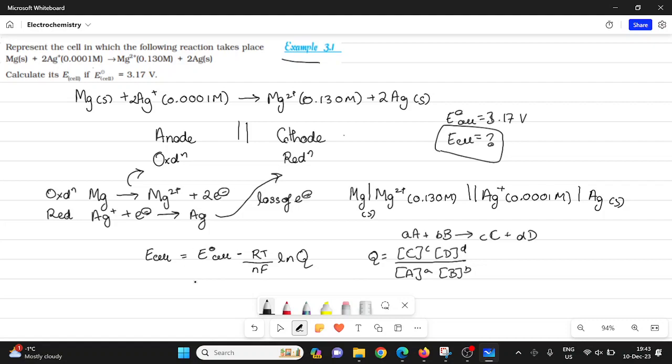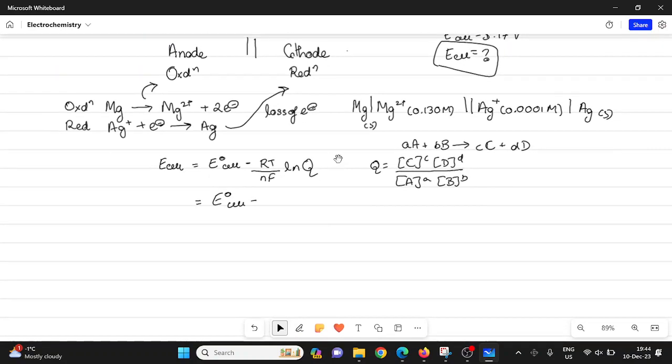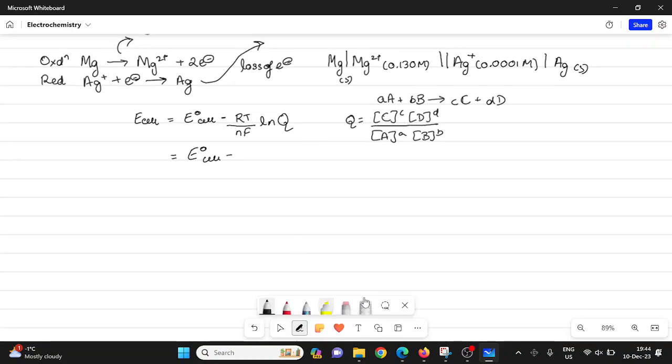This can further be rewritten as E naught cell minus 0.0591 over n log Q. I forgot to tell you, this is the reaction quotient.